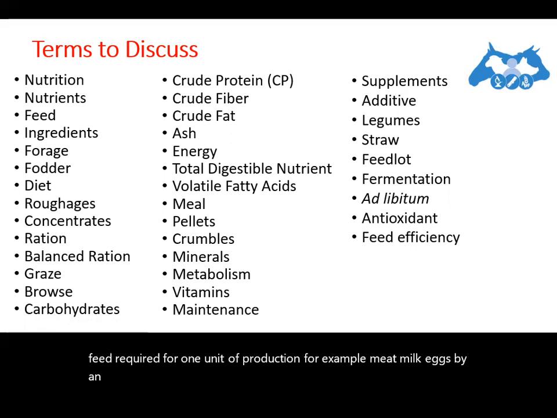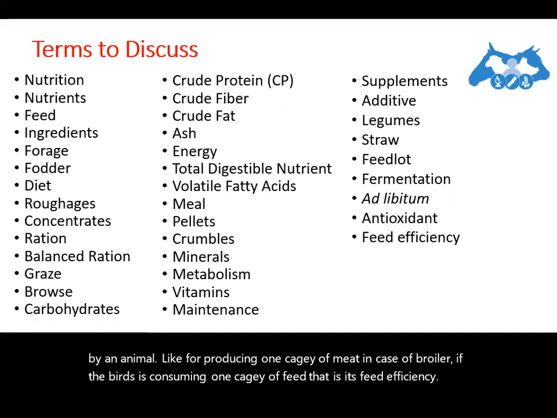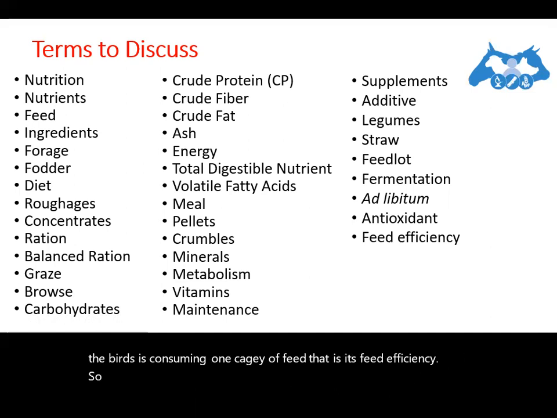Like for producing 1 kg of meat in case of broiler, if the bird is consuming 1 kg of feed, that is its feed efficiency. So I think that was all. Thank you very much.